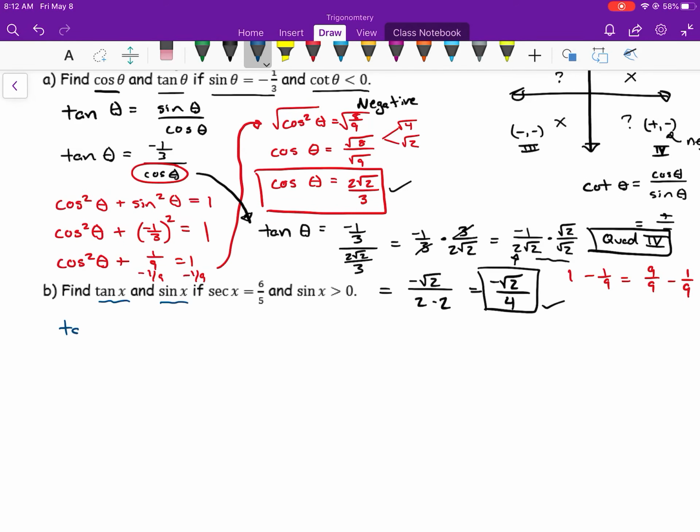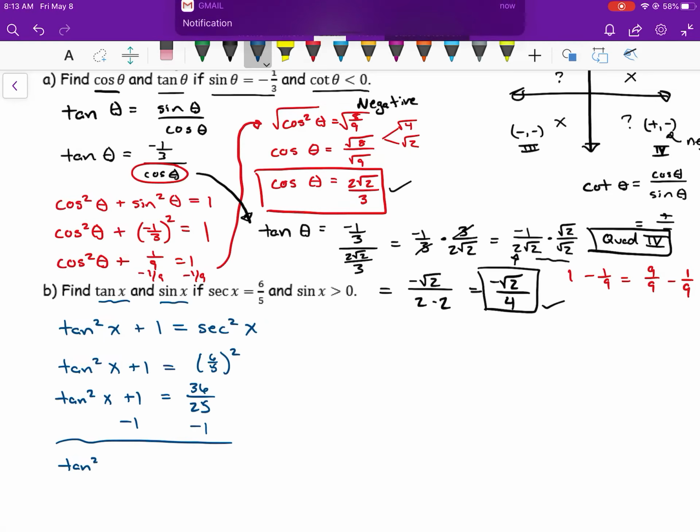I'm going to use tangent squared of x plus 1 is equal to secant squared of x. I plug in what I know. I don't know tangent. Secant is 6/5, so I square it: 6 squared is 36, 5 squared is 25. I have to solve for tangent now, so subtract 1 from both sides.